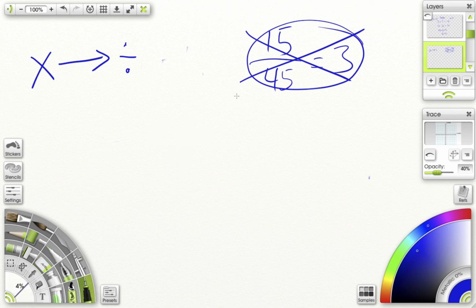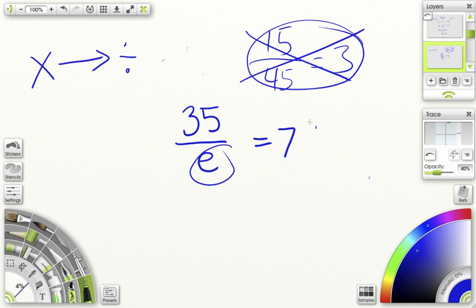Let's do 35 divided by e equals 7. So I need to figure out whatever e is equal to. I can't multiply them. I basically just switch these numbers around.